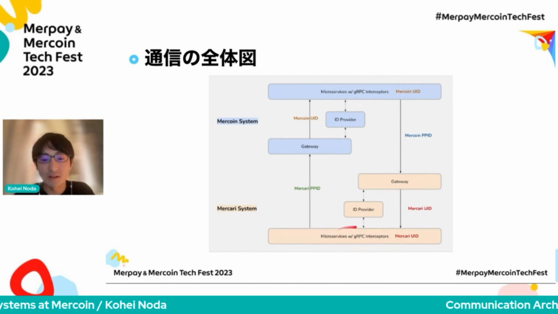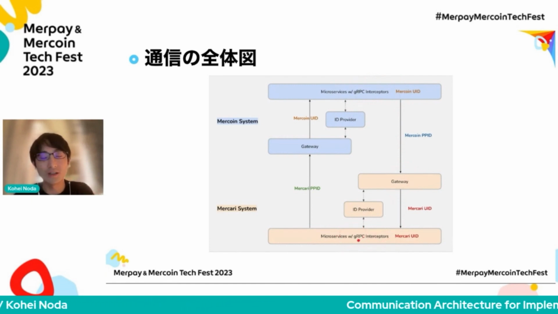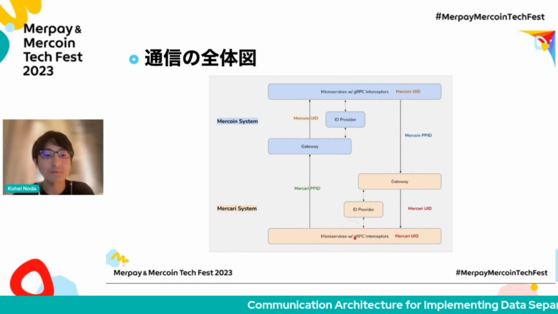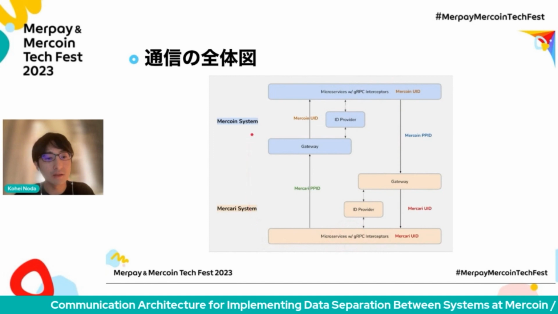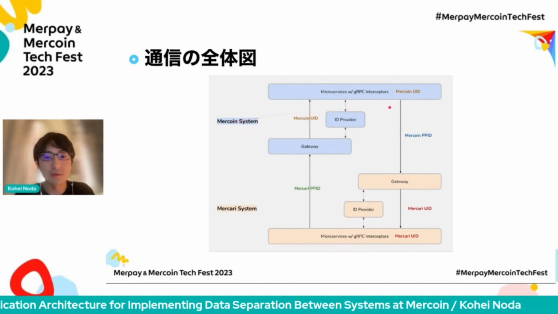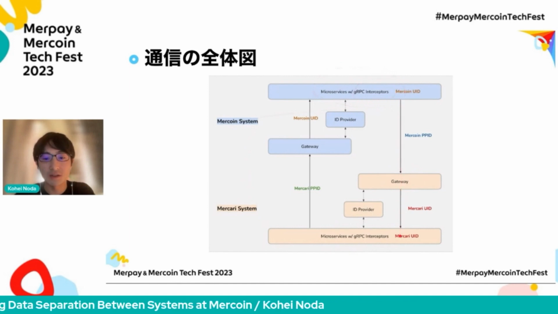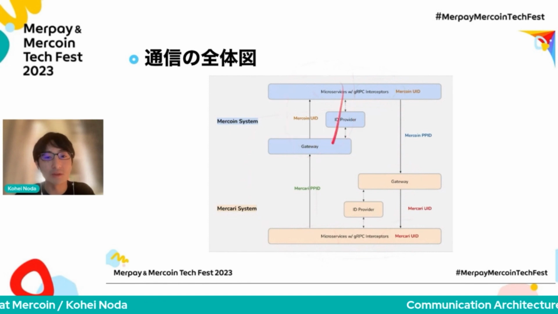The ID conversion is performed again at the gateway and reaches the callee microservice. I've written 2 examples, Mercari and Mercoin systems. Also, the reverse is exactly the same as I have already explained.